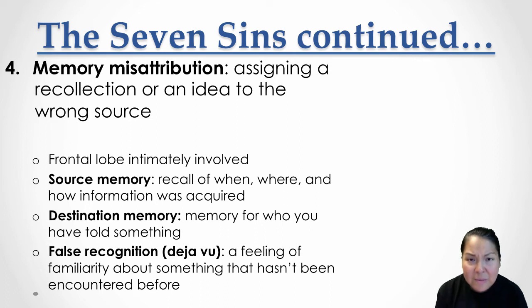And so I think that this type of memory failure, more specifically, is very interesting because memory attribution deals with you incorrectly recalling sources of information. So when you can't remember who told you that piece of gossip or where you heard it, that may be a type of source memory. Destination memory is where you have that surge of fear because you forgot maybe who you told a secret to, and false recognition that we've all experienced before.